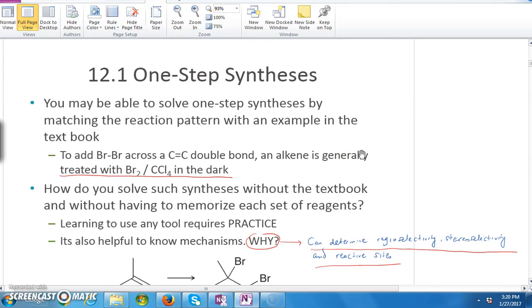Now, you may want to be able to solve a one-step synthesis problem by matching the reaction with the reaction in your textbook. But the truth is, by the time you begin to see very complex synthetic problems, you find out that trying to match reactions with the type of reaction in your textbook with the kind of reactions you are given will be impossible.